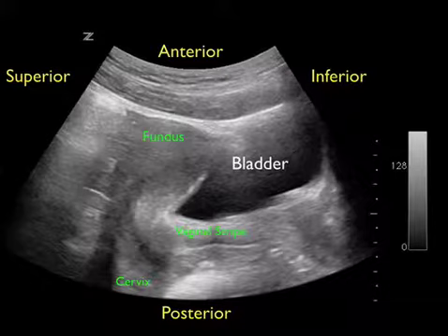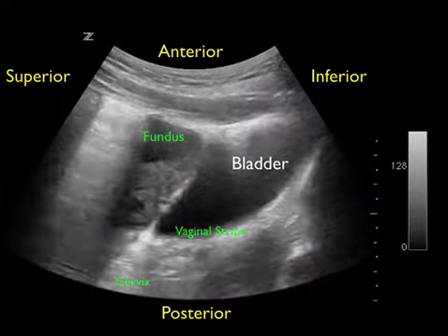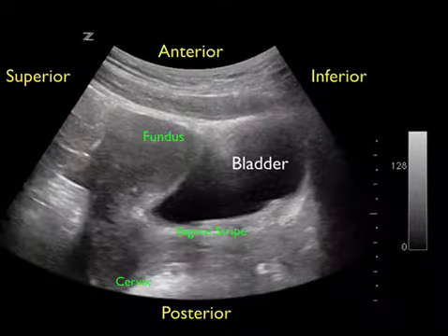If we follow the fundus of the uterus down, we will see the cervix, and the cervix will be connected to the vaginal stripe of the vagina, which can be identified as the hyperechoic structure. If we want to watch it live, we will again notice where all of these structures lie in the sagittal view of the pelvis.